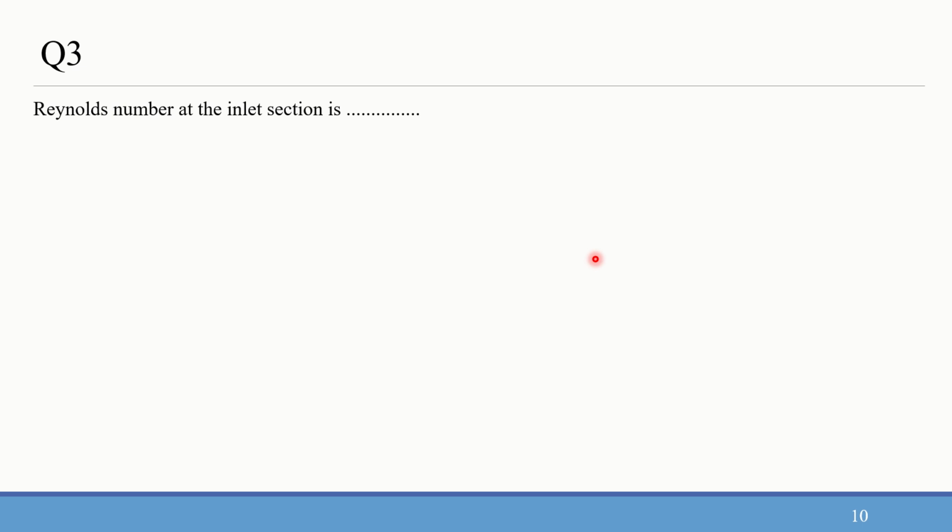So rho and mu values are given in the question. v we calculated in the previous question, and d is also given straightforward in the question. So now we need not do anything, we can just substitute it and we can get the solution.